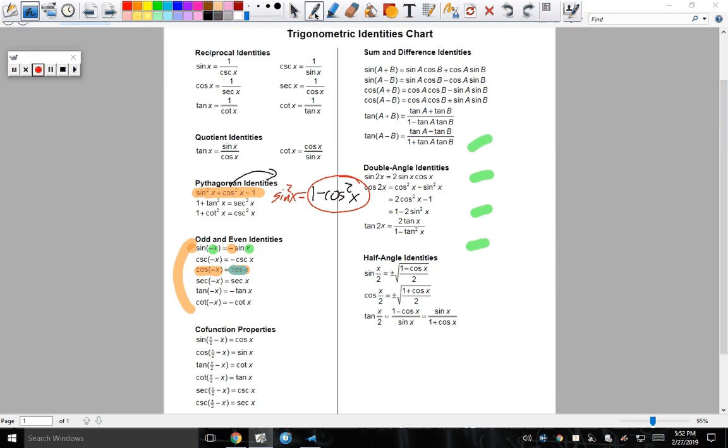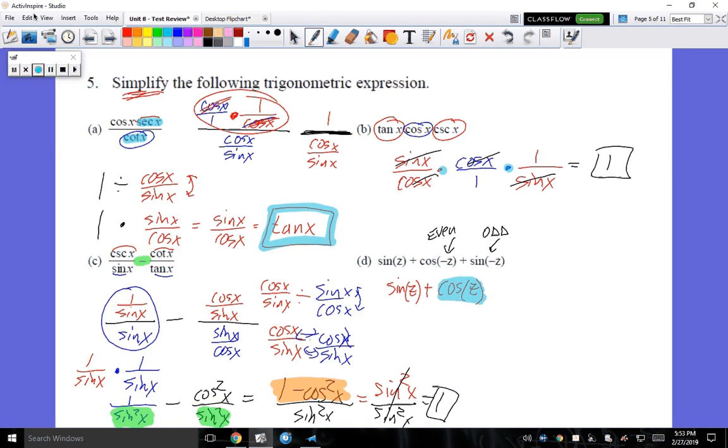Okay, so now I can replace that sine of negative x with a negative sine of x. So that right here will become a negative sine of x. And since we're adding this negative, we can say it's the same as subtracting sine of x. Okay? So subtracting sine of, let me change that variable to z.